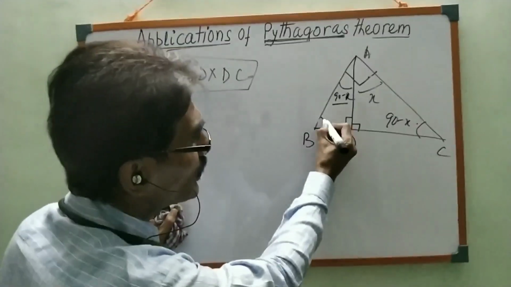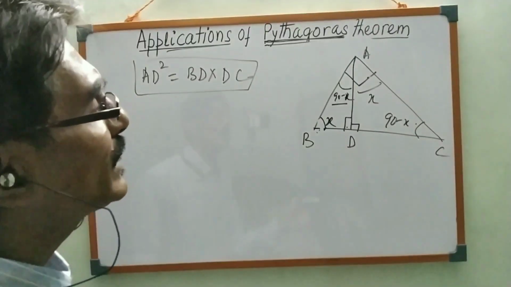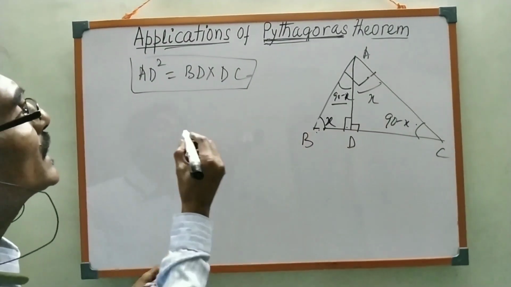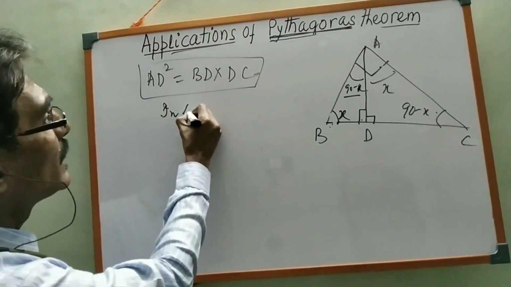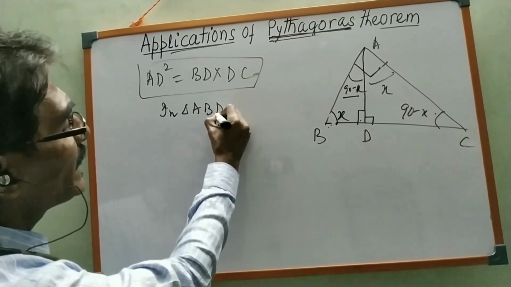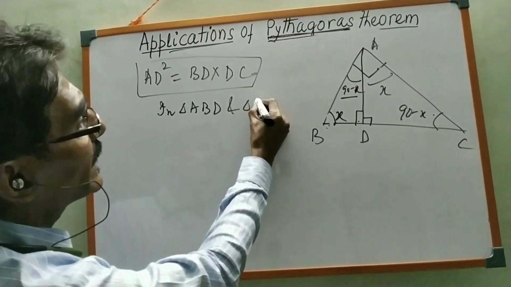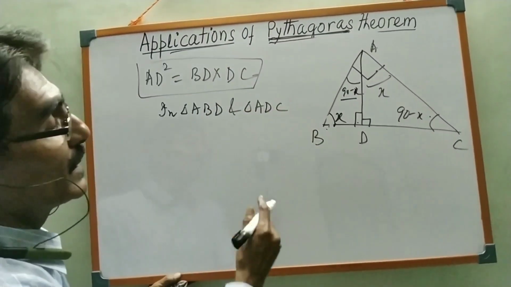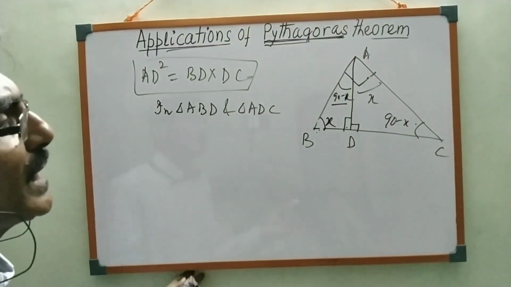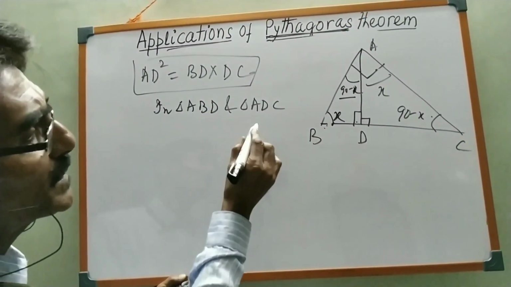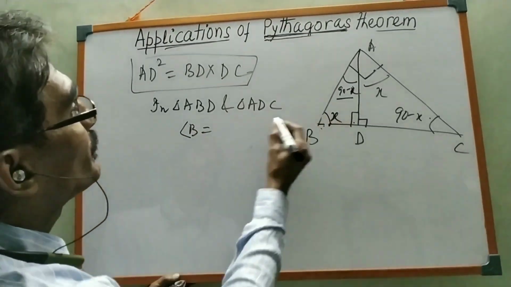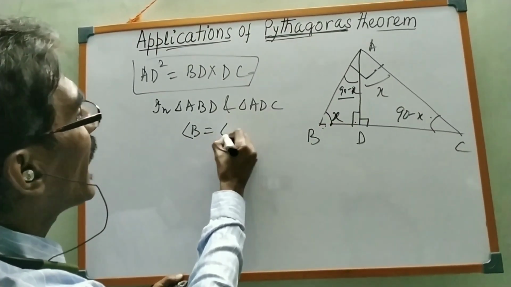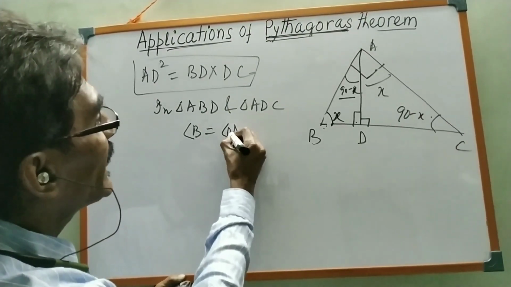So for this particular proof, we are taking both the small triangles, the twin triangles, triangle ABD and triangle ADC. Like last day, we want to prove these two triangles similar. So angle B equals angle DAC.